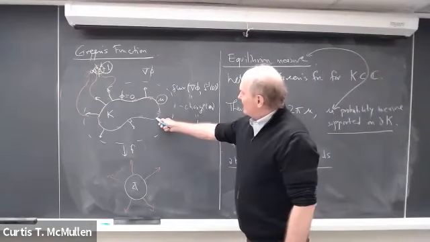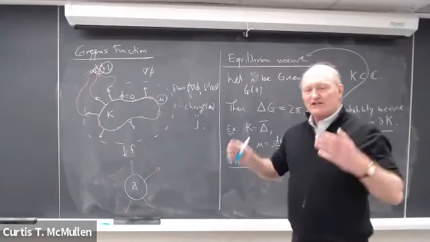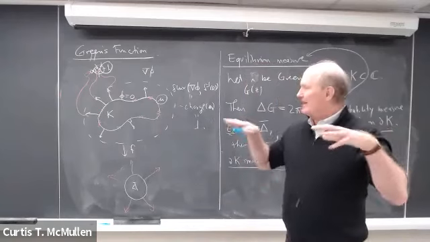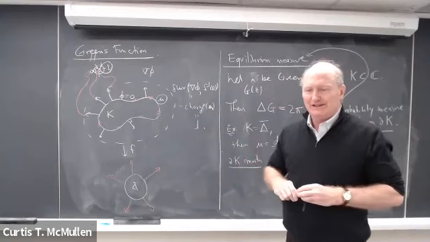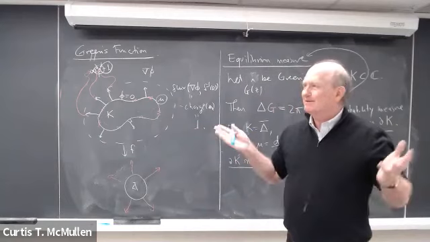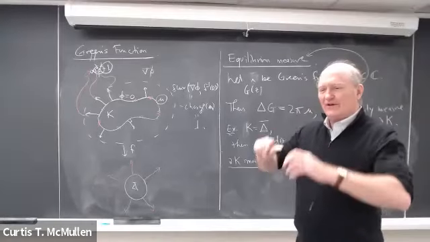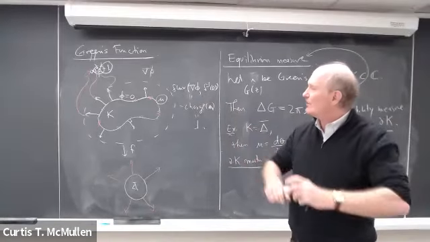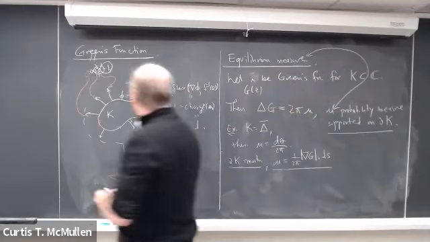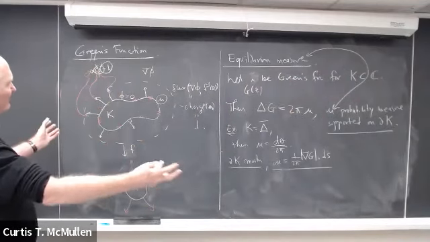Imagine that K is metal. Now, what's special about metal? Does anybody know how electrons behave in a metal as opposed to an insulator? There's no restriction on their movement. Yeah, that's right. So the electrons are free to move around inside of the metal. There's no impediment to them concentrating more in one place and less in another place.